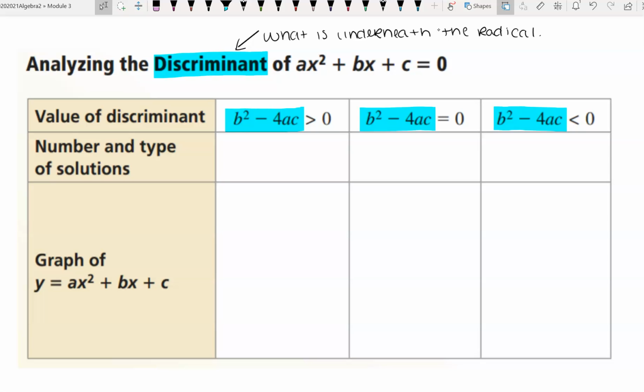What's underneath the radical is called your discriminant. I don't need you to know that, but I do need you to know the concept. If what is underneath the radical is greater than 0, a positive value, we had 2 real solutions.